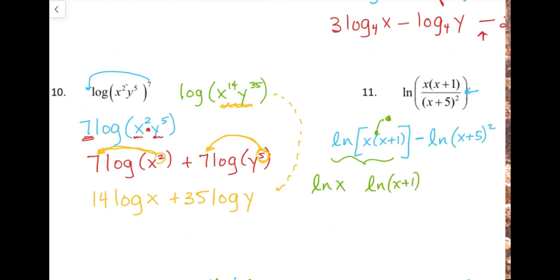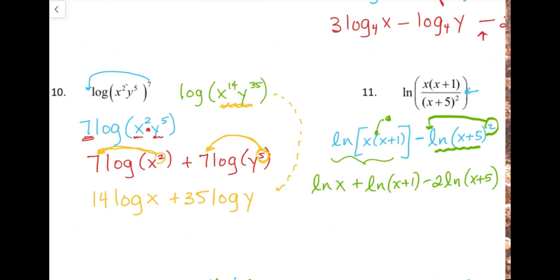Splitting at multiplication puts a plus sign between them. Now in the second term over here, I don't have any multiplication, but I do have a power that I can pull out front. So I'm going to have minus 2 natural log of x plus 5. And that is my answer.